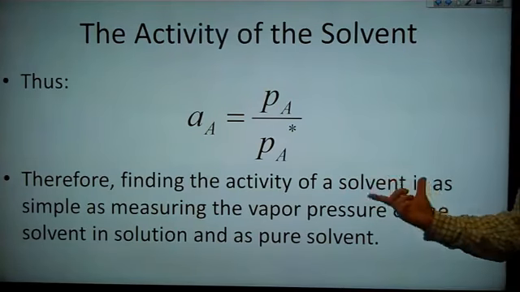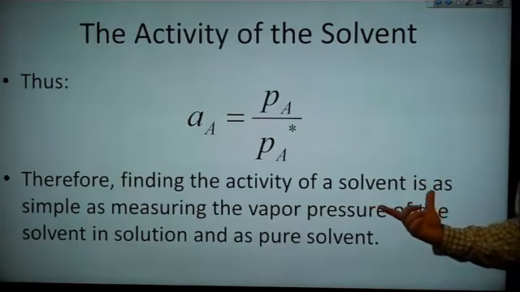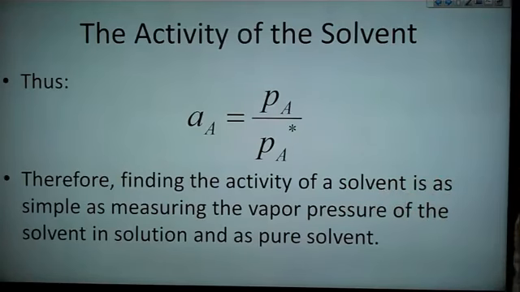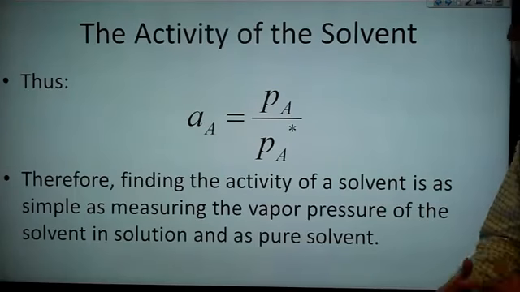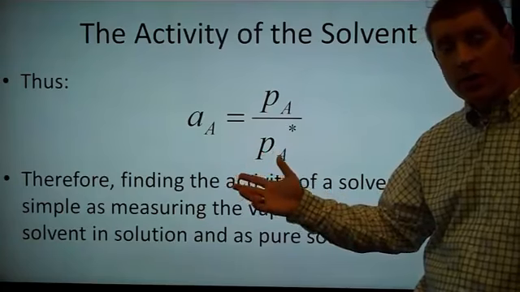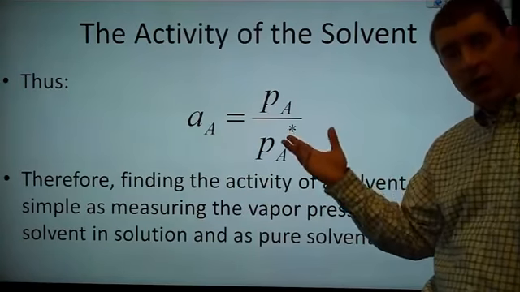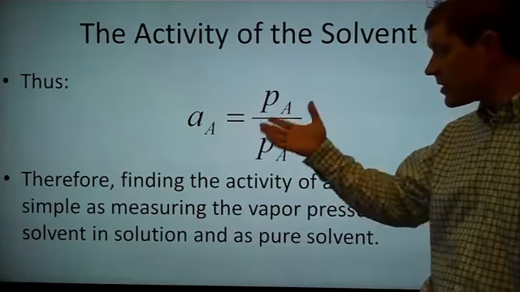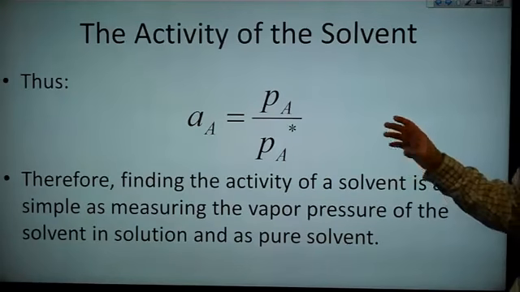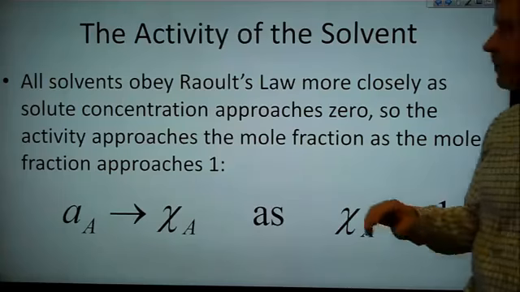And this means that finding the activity of a solvent is pretty easy, because all we have to do is measure the vapor pressure of our solvent in solution and compare that to our pure solvent. If we have a dilute solution of our solute, then the mole fraction of A, the solvent, is pretty close to 1. The activity will also be pretty close to 1 because the vapor pressure will be pretty close to the pure vapor pressure.